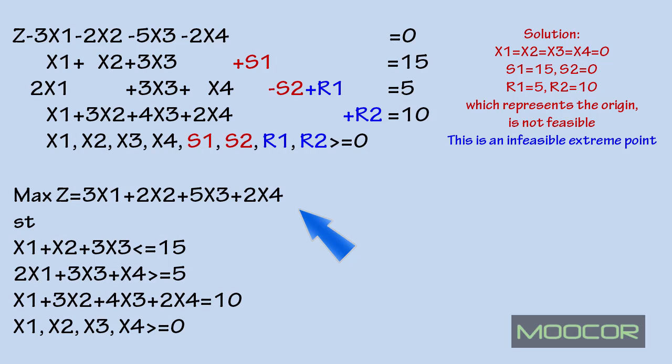So if R1 and R2 remain positive, the objective function is highly penalized. In terms of standard form, when you take these terms into the left hand side, they become plus MR1 plus MR2 for this specific problem.